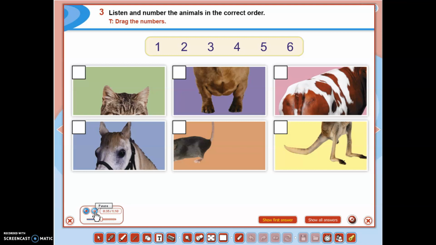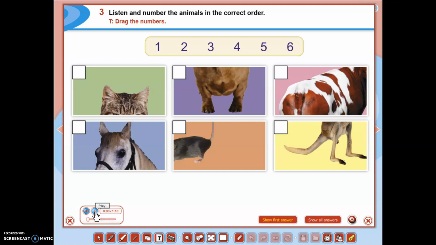Number 3 is a mouse. 4. This is a cat. Number 4 is a cat. 5. This is a dog. Number 5 is a dog. 6. This is a kangaroo. Number 6 is a kangaroo.